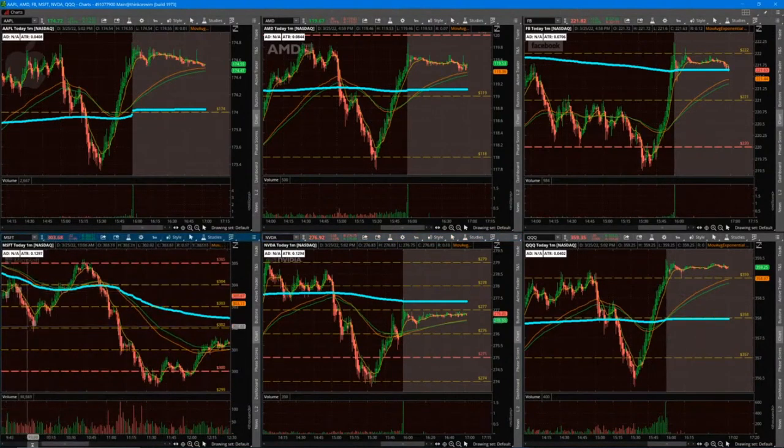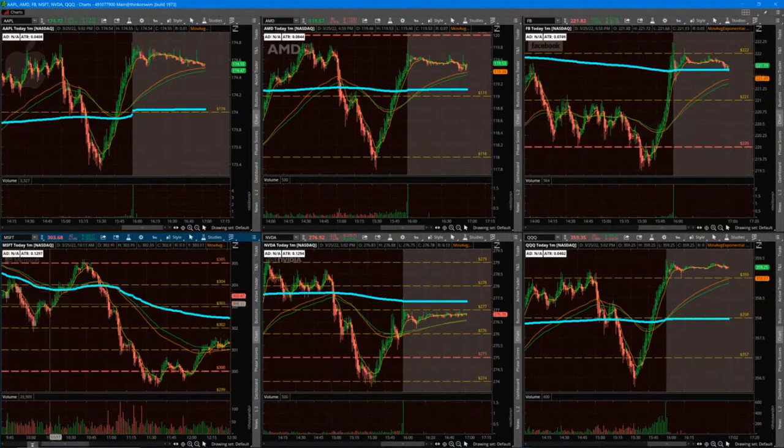Kind of a trend change, a trend change at a level, and a kind of a curl in this 9 EMA. That's something that JTrader does.